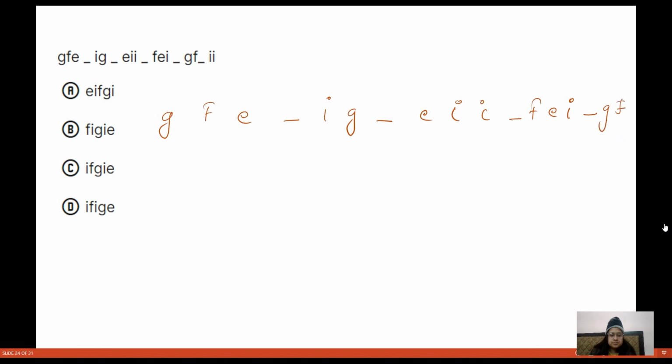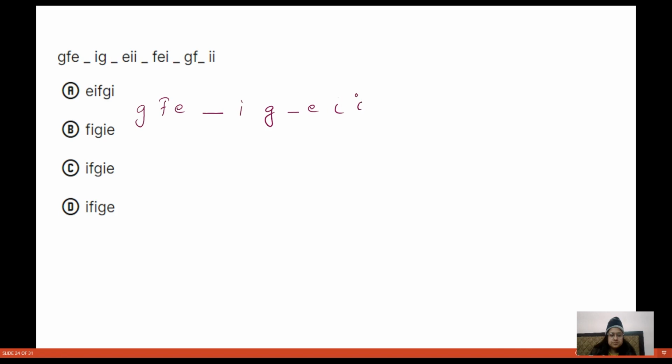Let us give more space. We have GFE dash IG dash E double I dash FEI dash GF dash double I. Let's just start filling.